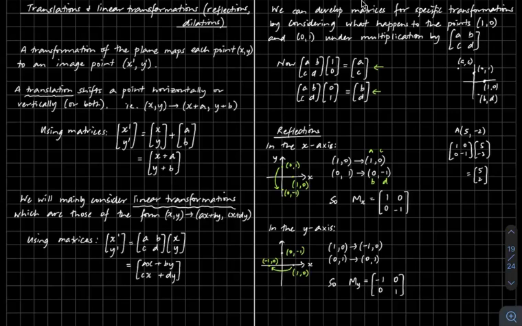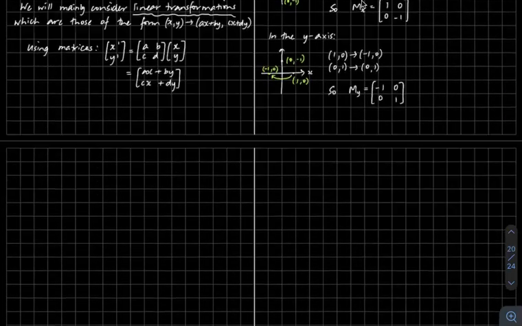Alright, let's consider a couple of other reflections and then we'll talk dilations as well. So what if we wanted to reflect in the line y equals x? The line y equals x is that line there, isn't it?